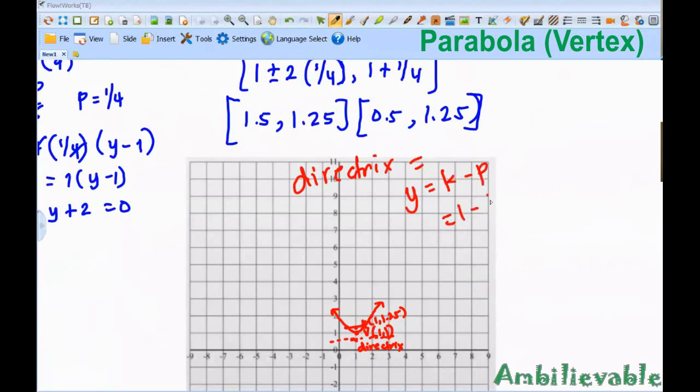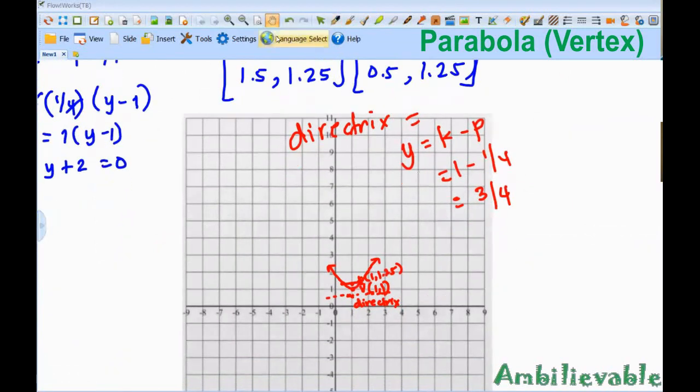K is 1 and p is 1/4, so it is 3/4. So therefore, the directrix is y equals 3/4. So this is our parabola.